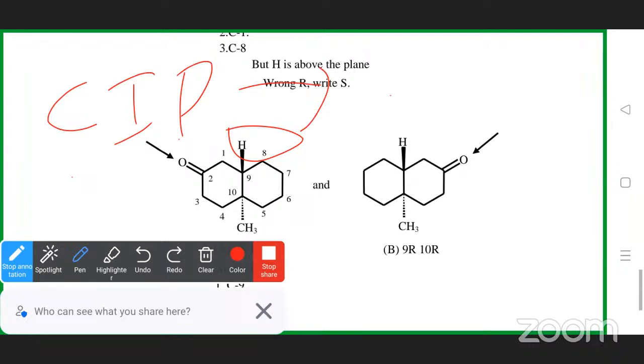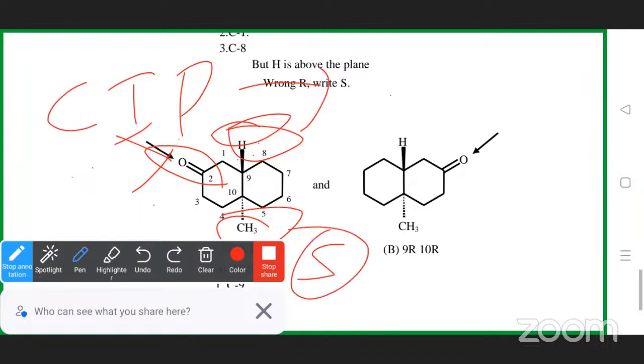So when the observer is viewing the molecule from this carbonyl group, the methyl group falls on the left side, and this hydrogen falls on the right side, meaning it is nearer to the observer. As per this, we are getting the S configuration. But generally, if the least priority group is nearer to the observer, above the plane, you have to take the reverse configuration. So it is the R configuration.